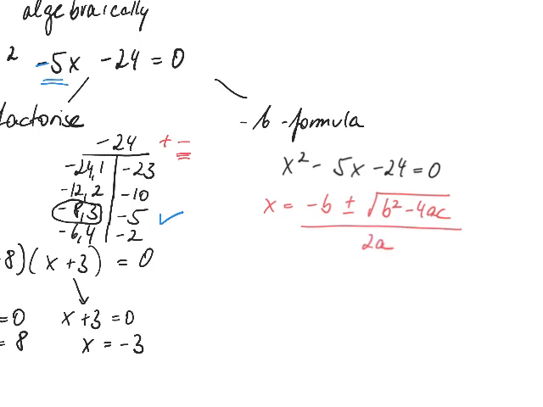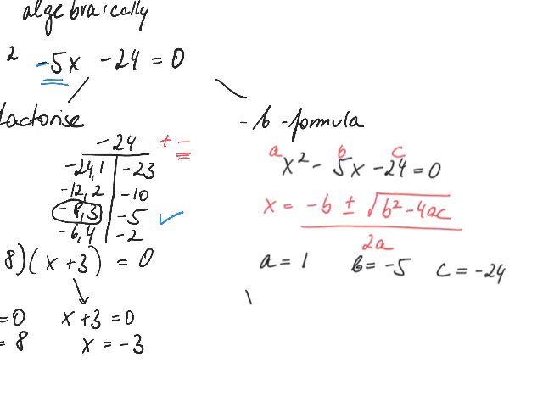And the number before the x squared is the a, the number before the x is the b, and the number by itself is our c. That means I can say a equals 1, b equals minus 5, and c equals minus 24.